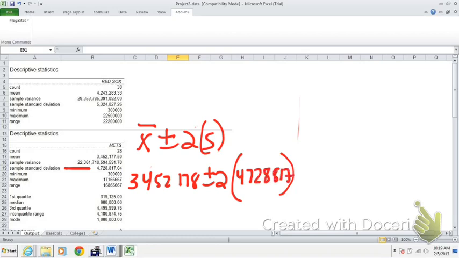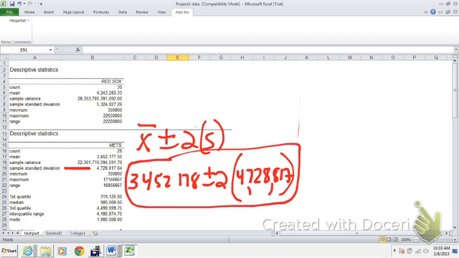So the standard deviation is huge, right? 4 million some. But anyway, you would crunch out that interval and get a lower bound and an upper bound within which at least 75% of the data is supposed to lie, according to Chebyshev's theorem.